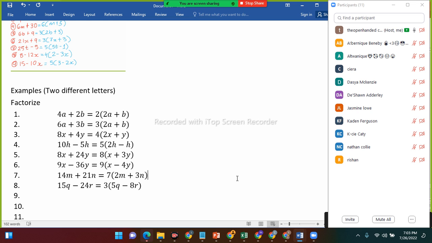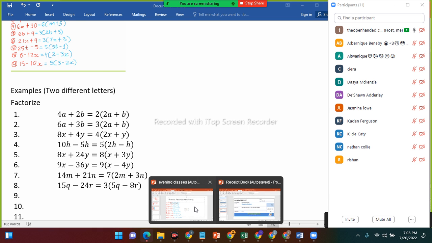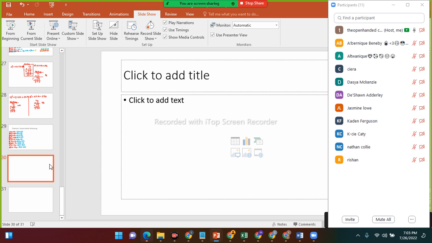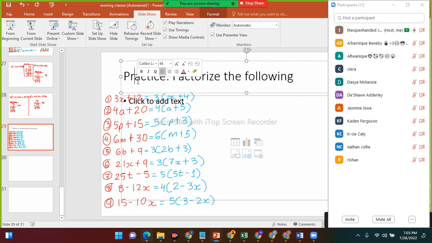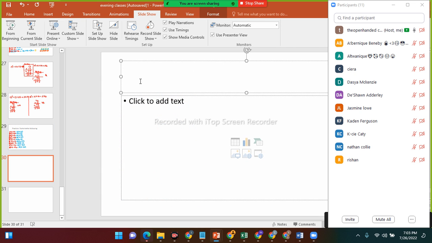If you don't know your timetables by now, you are in plenty of trouble. So make sure to learn them. If you don't know them, learn them, and if you do know them, revise them. So practice.